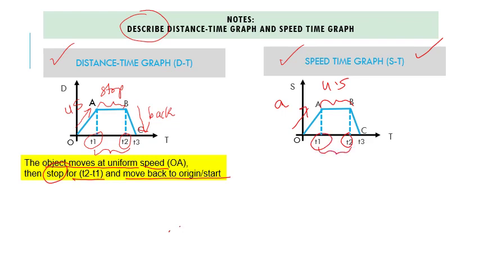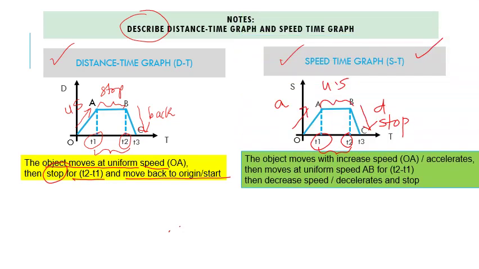You have to find the time. And then it decreases in speed, that we call deceleration. And finally it stops. So in a sentence we say the object moves with increasing speed, that is accelerates, then moves at uniform speed for how long, then decreases speed, you say decelerates, and then stops.